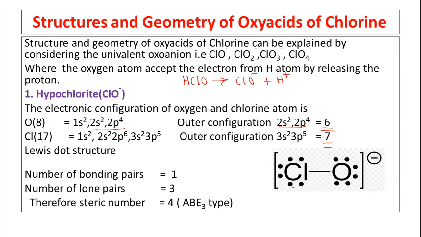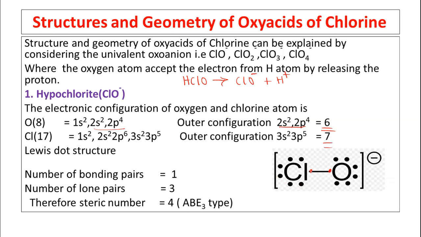The valency of chlorine, the central atom here, is 7, so 7 electrons are there. The valency of oxygen is 6, but 1 electron is extra due to this negative charge. So that electron will be here, and it will carry the negative charge.